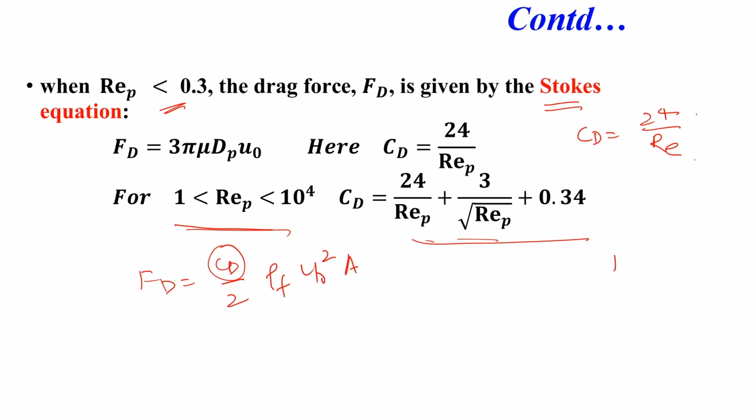What is Re? Re is rho density, V d upon mu. If you incorporate this C D value, the drag force now becomes 3 pi mu dp into u naught, or you can say 3 pi mu, diameter of the particle and the terminal velocity.